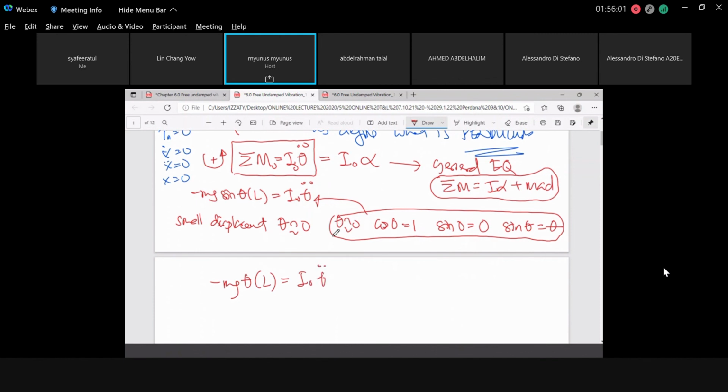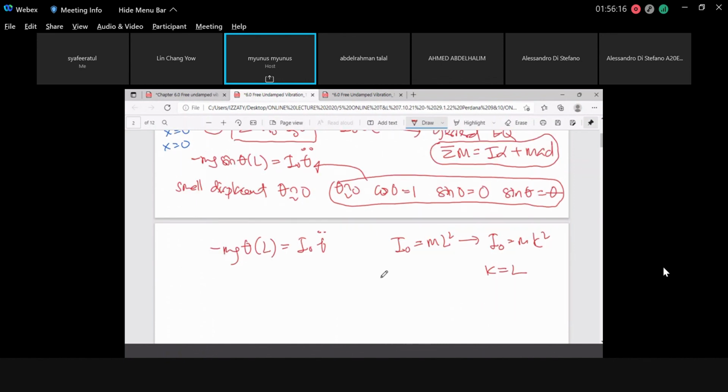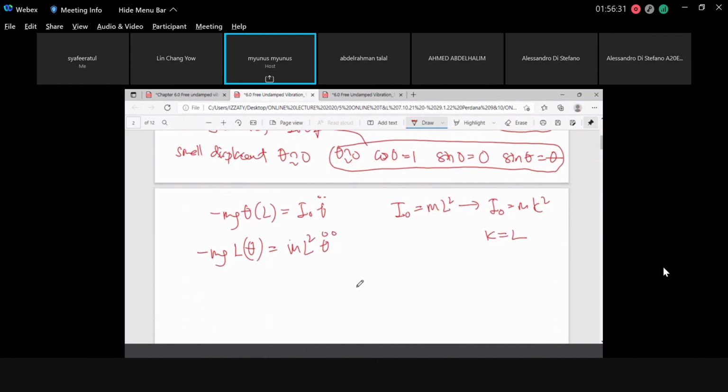Then you know that this I naught, the mass moment of inertia, is equal to m L square. It comes from I naught equal to m k square, where k is the radius of gyration, equal to L. Then you expand the equation, it becomes mgL theta equal to m L square theta double dot. We arrange the equation, it becomes m L square theta double dot plus, bringing it here, mgL theta.